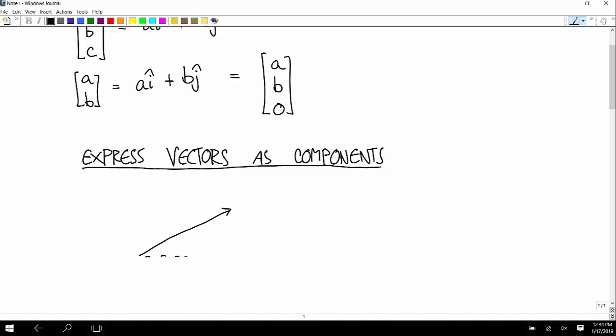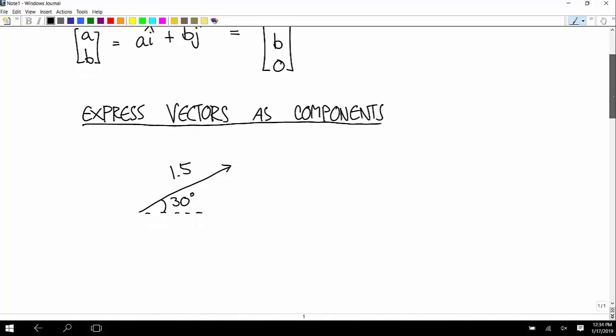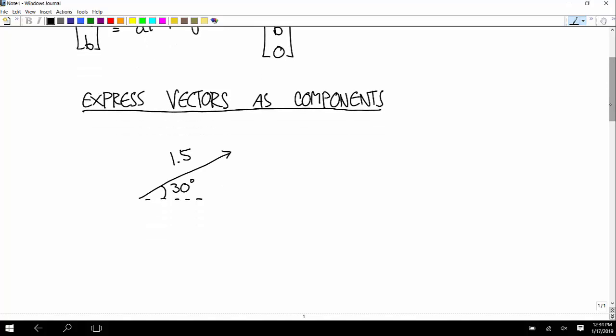Let's say it makes an angle of 30 degrees with the horizontal, and it has a length of 1.5. And we want to know what the components are. It's important to remember that before you can write vector components, you have to choose what the coordinate system is.